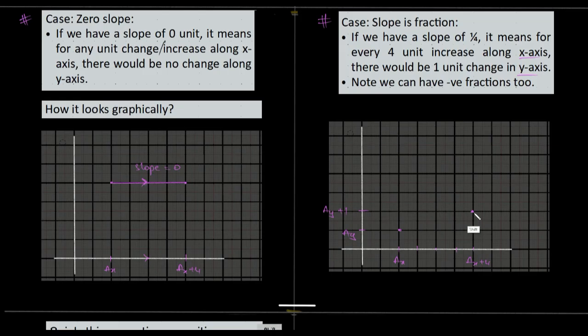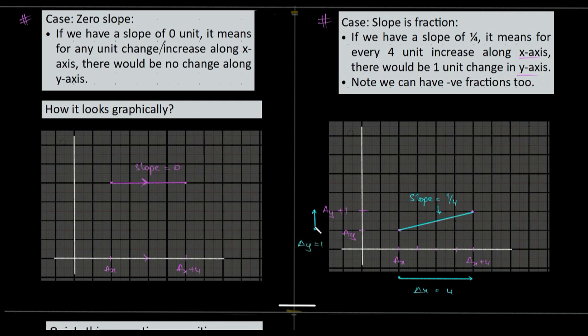And this line has a slope of 1 by 4, a positive slope. So there is a 4 unit increase along the x-axis, but just a 1 unit increase along the y-axis. So delta x over here is 4, while delta y over here is 1.